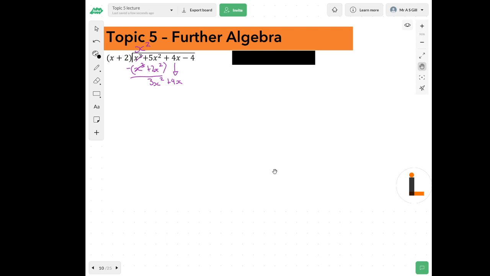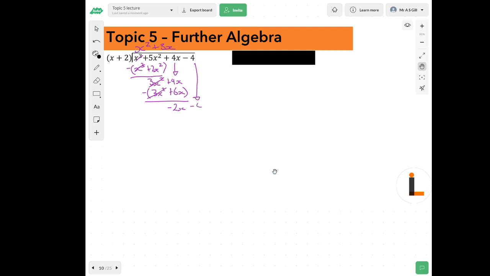And clearly we're going to have to multiply this by 3x. So the 3x goes up top here. And we're going to get minus 3x squared plus 6x. That's going to cancel there like last time. 4x minus 6x, sorry, is going to leave us with minus 2x.